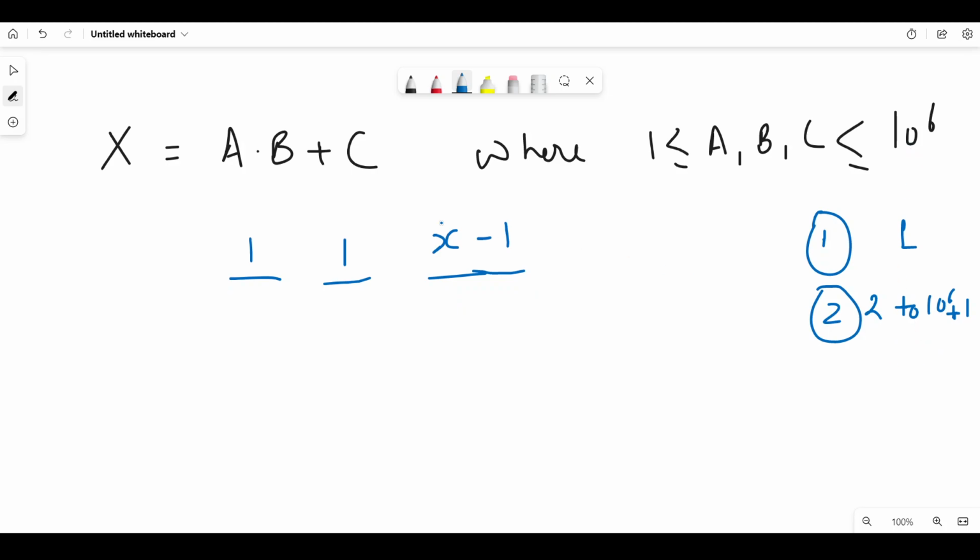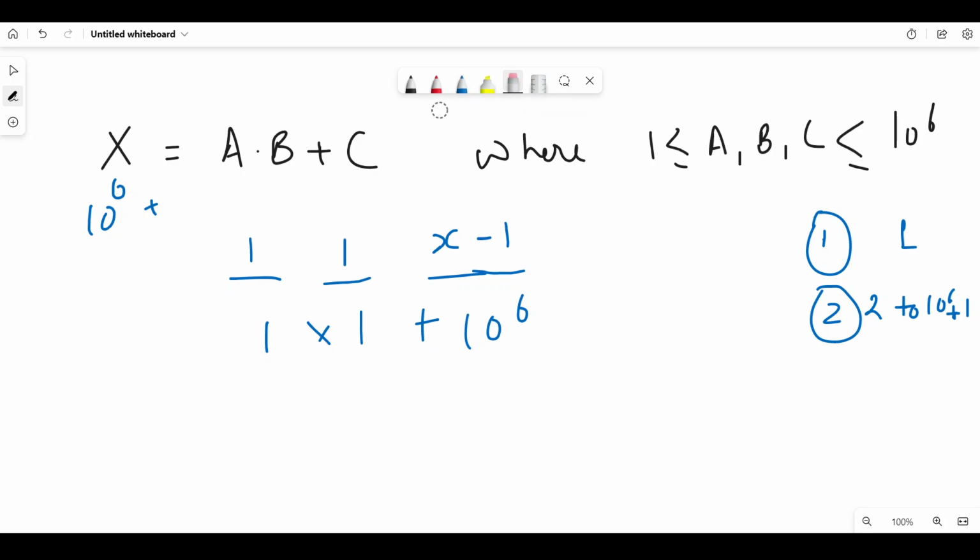So the maximum value of x for which this approach will work is 10 to the power 6 plus 1, because I have taken x as 10 to the power 6 plus 1, so a and b will be 1, 1 and c will be 10 to the power 6, and the whole will be 1 into 1 plus 10 to the power 6, so 10 to the power 6 plus 1.